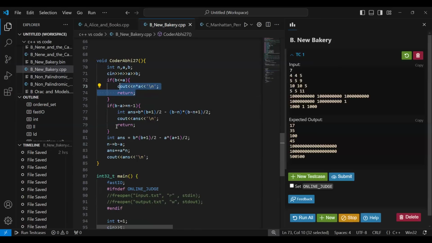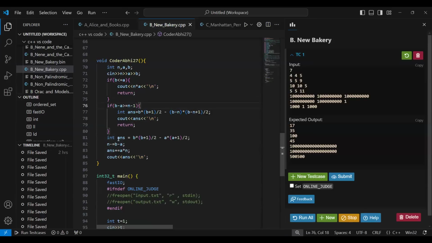Now, if B minus A is greater than n, or n minus 1, writing greater than or equal to n also works because B would get reduced till A. If you consider till A plus 1 or till A, both are the same. I had written n there, you can also write n minus 1, and both would be fine.